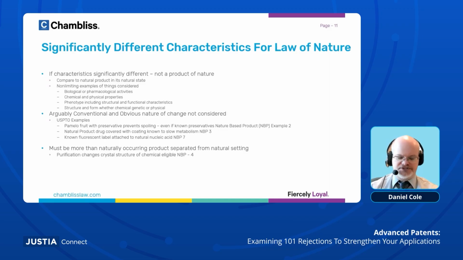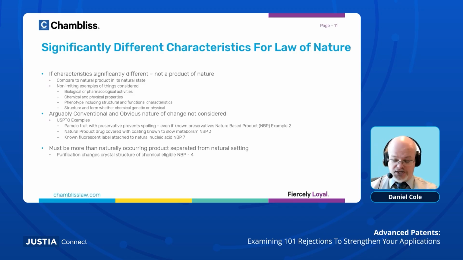If what you're doing has a different biological or pharmacological activity, it is not the same as the product in nature. You can now get around this exception. If it has different chemical or physical properties, you can now get around the exception. It's not a product of nature. If the phenotype, which includes structural and functional characteristics, is different, it is not the product in nature.